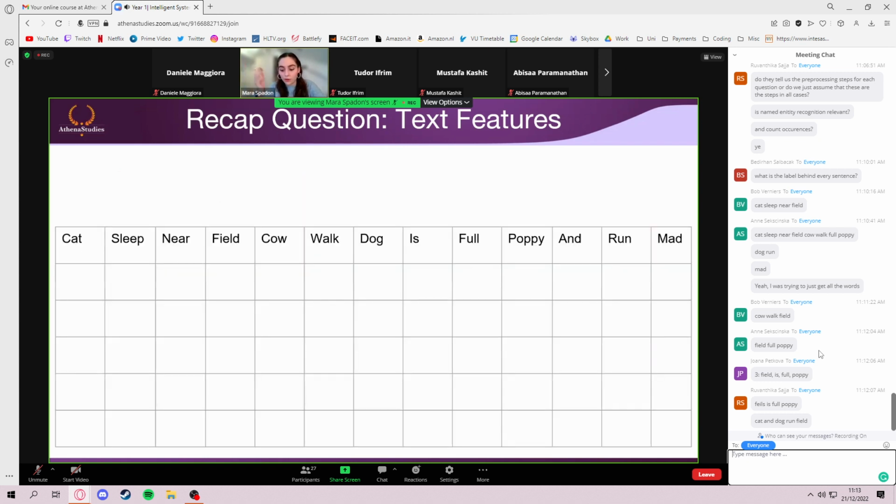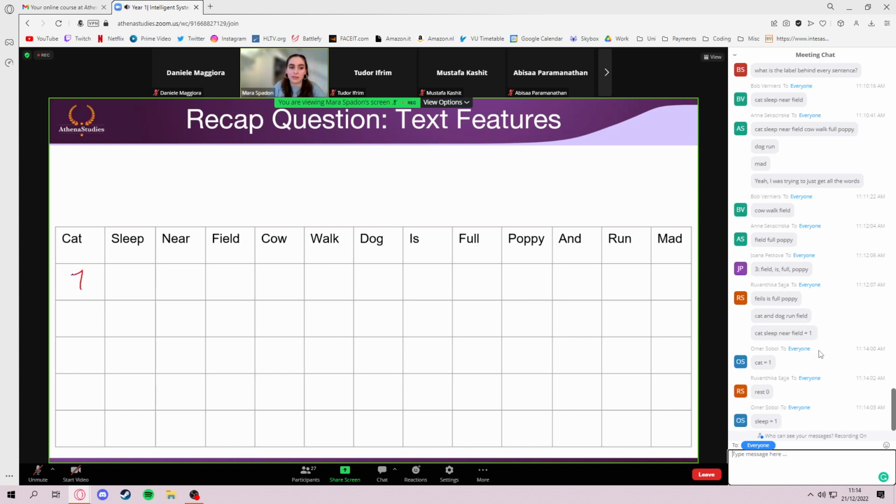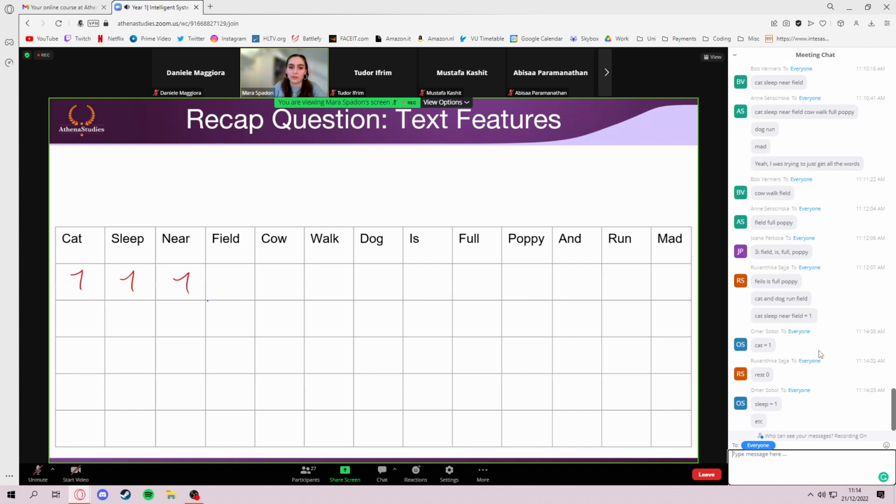So then where do I put my ones? Maybe it's pretty obvious, but if we have cats sleep near field, yeah, exactly. So cats sleep near field, and then the rest would be 0.